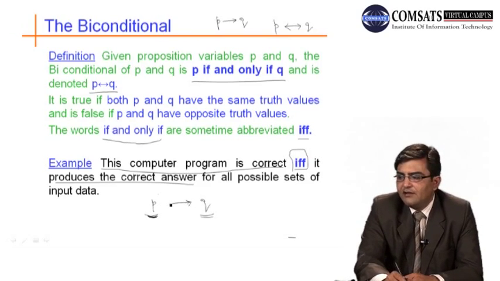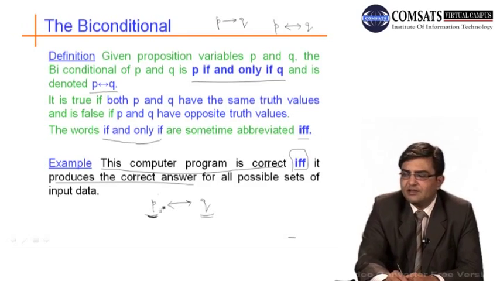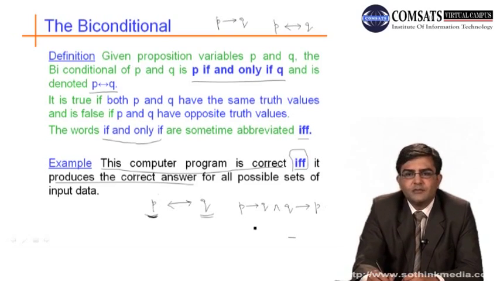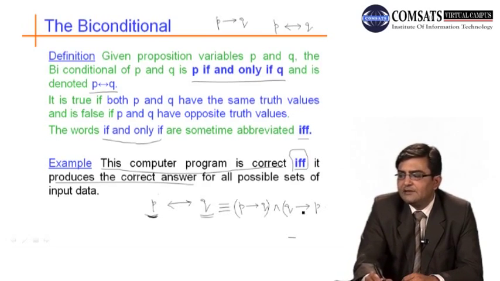So here we have a biconditional, which means P is a condition for Q and Q is a condition for P. In this case, we can write P implies Q, meaning P is a condition for Q, and Q implies P, meaning Q is a condition for P. So the biconditional of P and Q is logically equivalent to P implies Q and Q implies P.